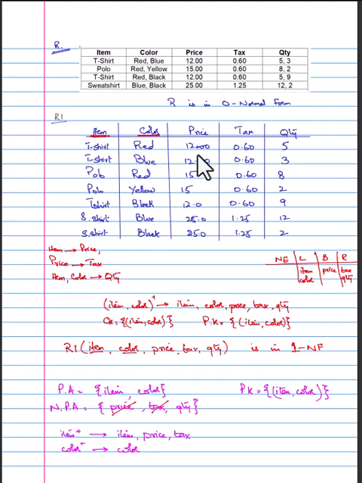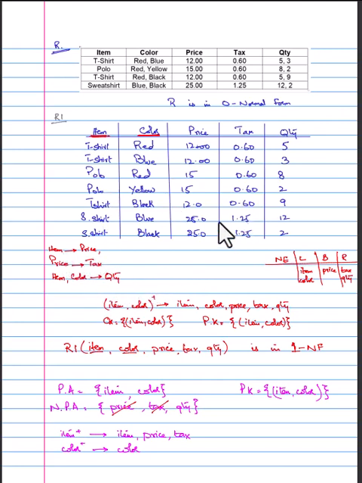Now to identify the primary key, we need to identify the candidate key, and for candidate key we need to identify the super key, which is already covered in our last lecture. And for super key we have to identify all the dependencies.